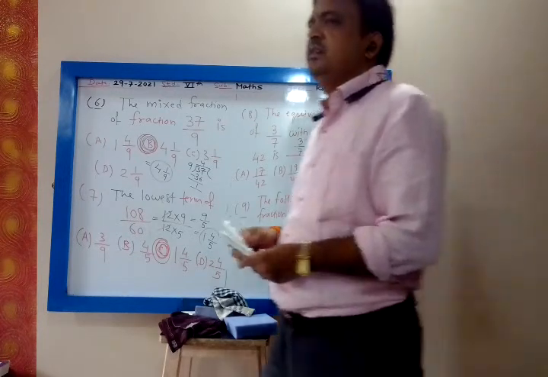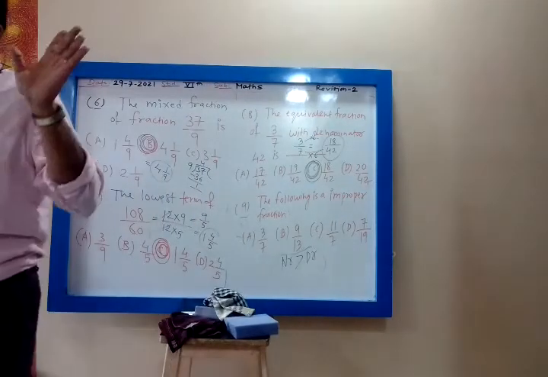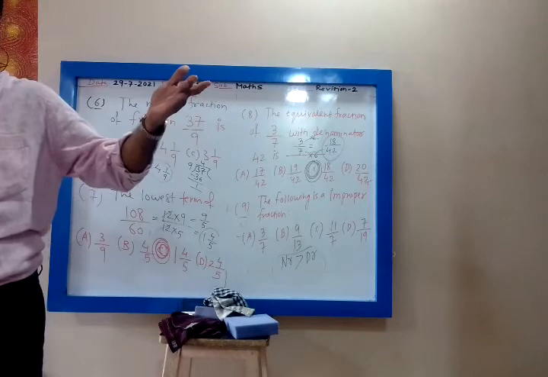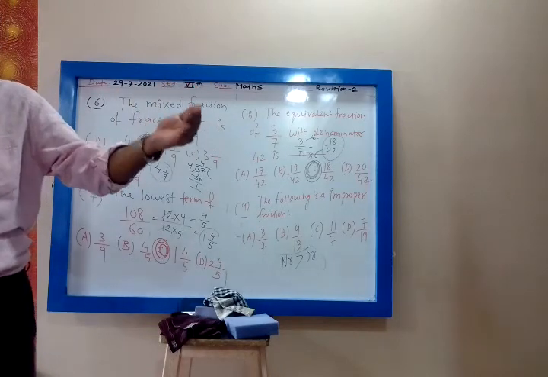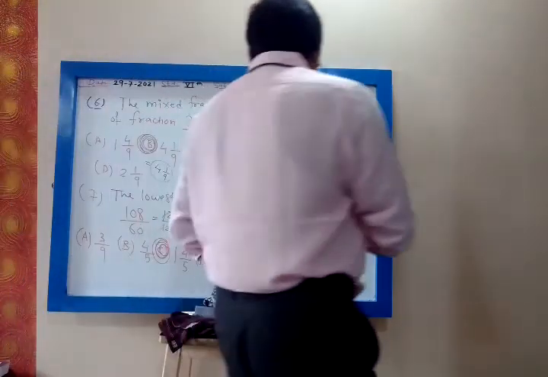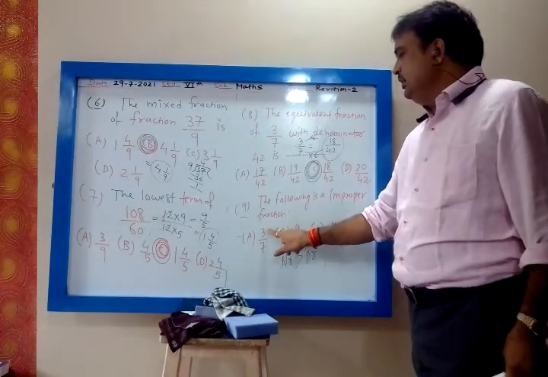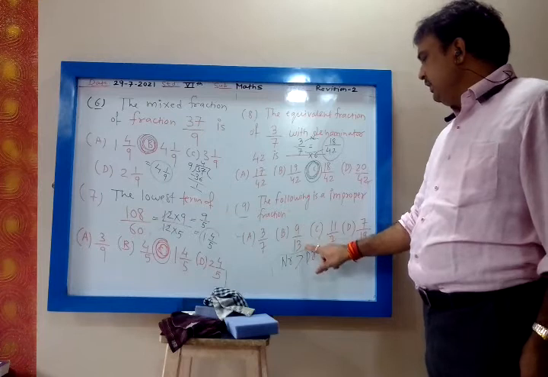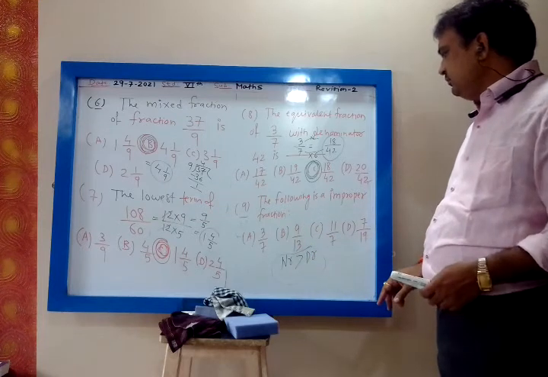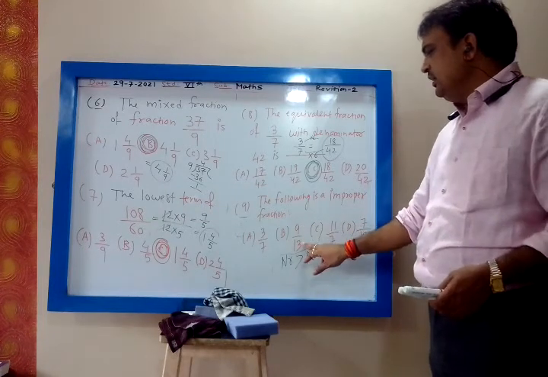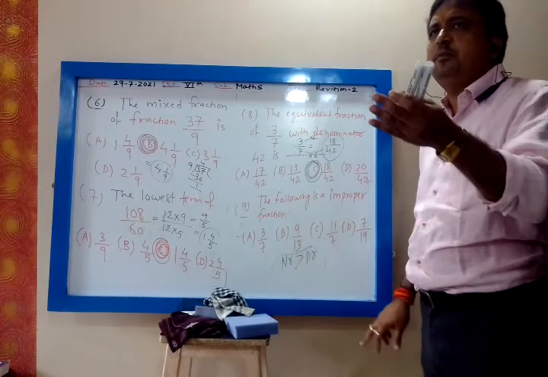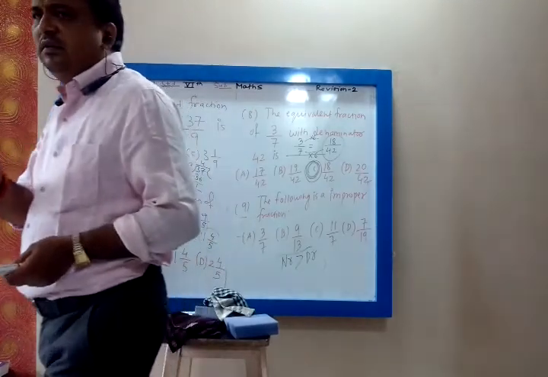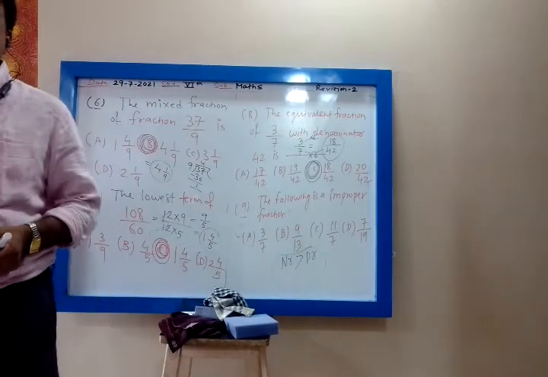Improper fraction means numerator should be greater than denominator. So you check numerator upper part, denominator lower part. Where numerator is greater than denominator, that will be improper fraction. Numerator is 3, denominator 7. Numerator is less than denominator, proper fraction. No, my dear, 9 upon 13 is proper fraction.